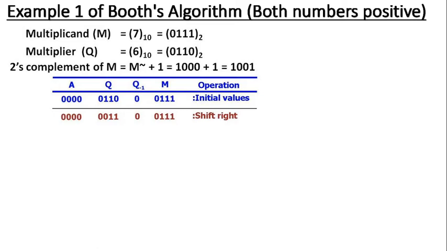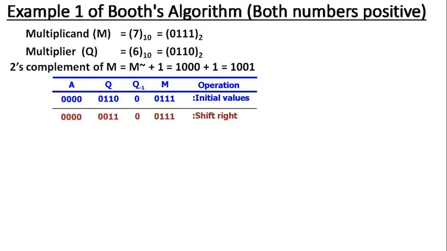Now once that arithmetic shift right operation is over, the count will be reduced by 1. That count was 4 because each register was 4 bits, so 4 iterations were supposed to be performed. Out of that, the first iteration is now over, since the shift right operation has just been performed. So 3 more iterations are now to be performed.